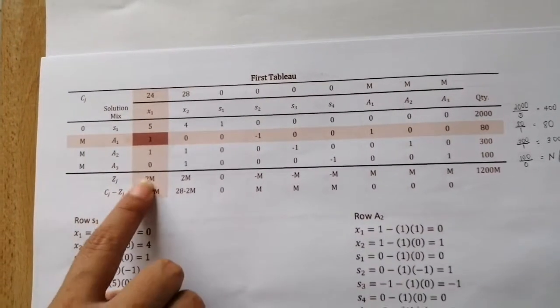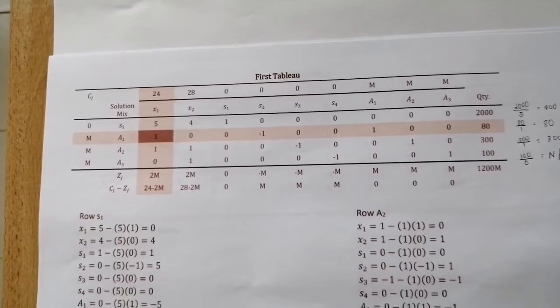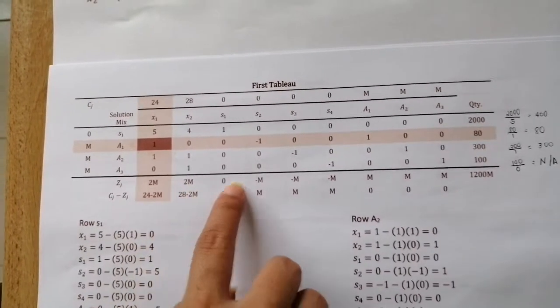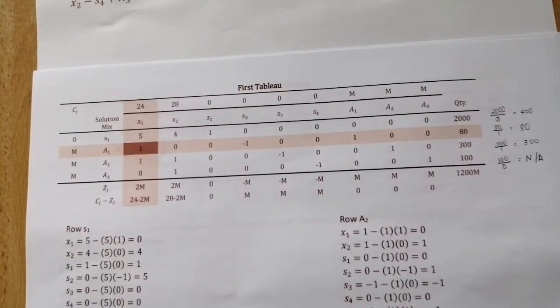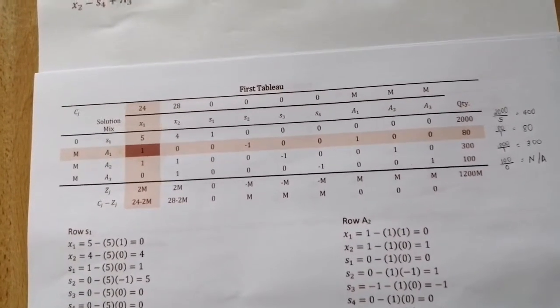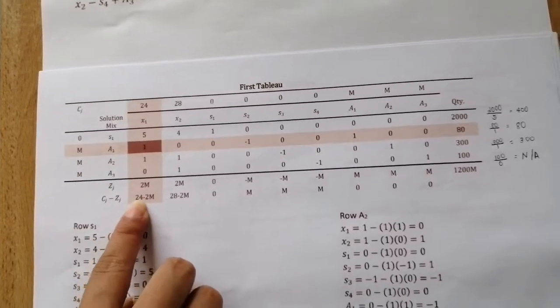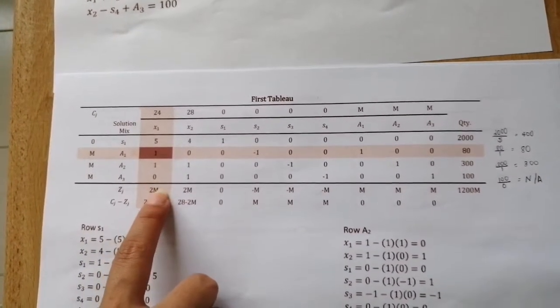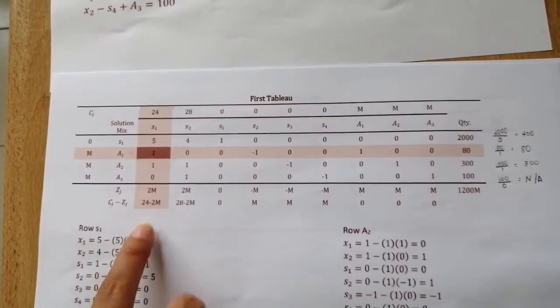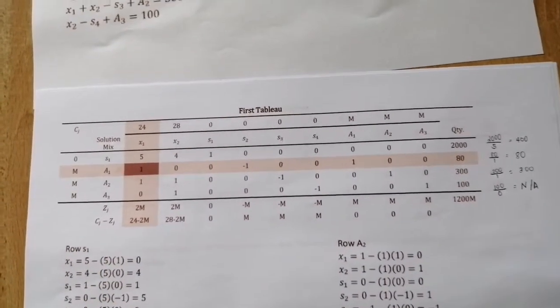With that, we have 2M, and so on and so forth. Our next step is to find cj minus zj, which is 24 minus our zj, which is 2M, and so on and so forth.